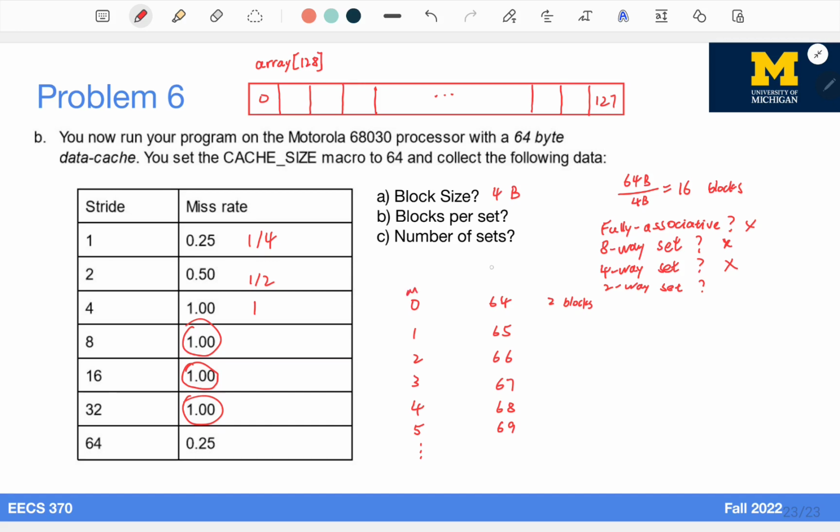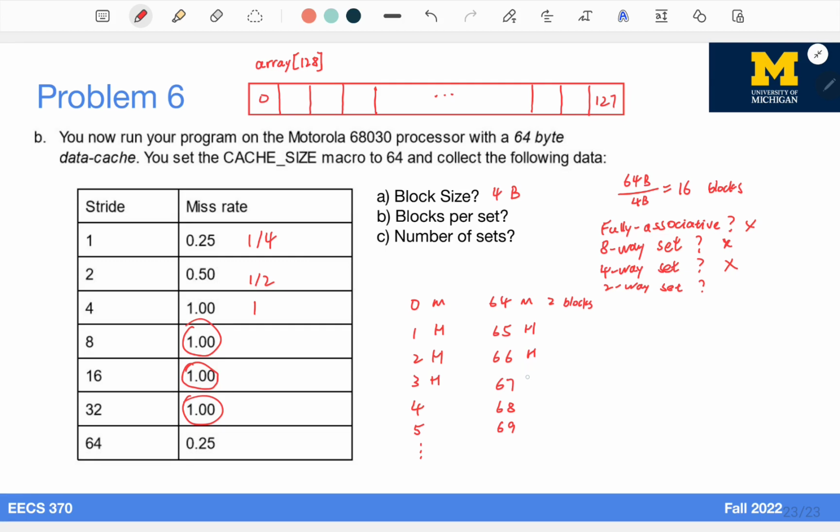And therefore, in the next loop, when we come back to 1, we will find the cache blocks for 0 and 1 still inside the cache, and we will have a cache hit for both 1 and 65. And similarly for 2, we will still have a cache hit because it's in the same block as 0 and 1, and similarly for 66.